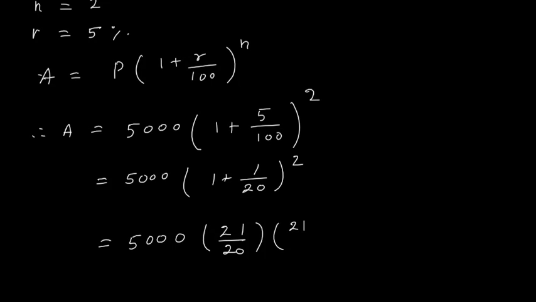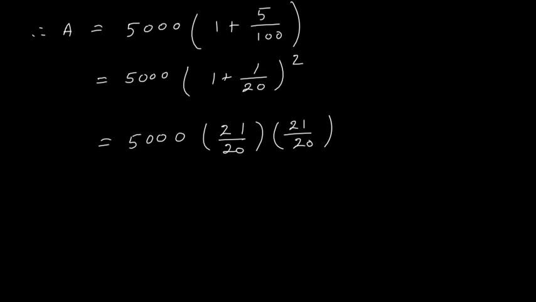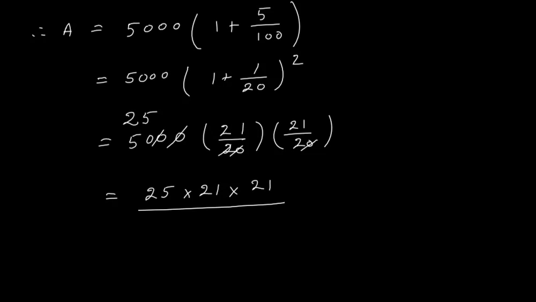So again I will write 21 divided by 20 in multiplication. Now I will cut this 0 with this 0 and this 0 with this 0. Now 2 1s are 2 and 2 2s are 4, 1 5 and 2 5s are. So my numerator is 25 into 21 into 21, divided by 2.